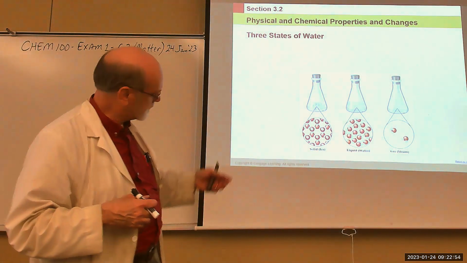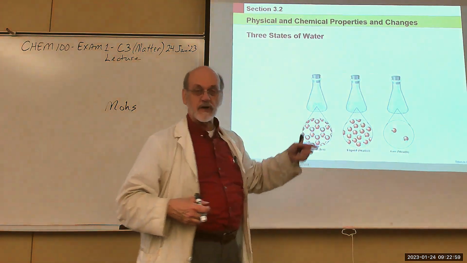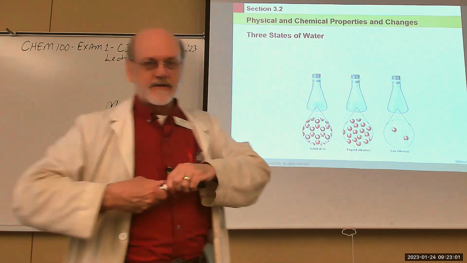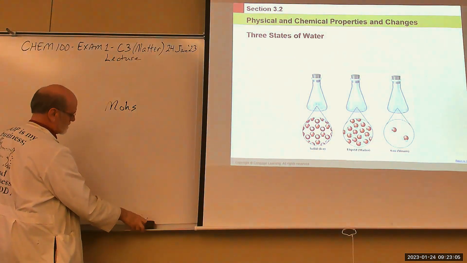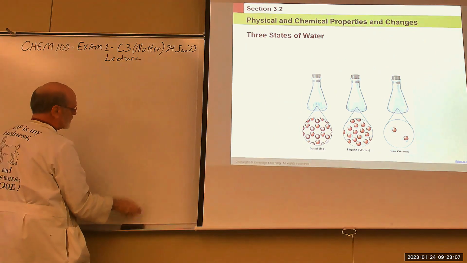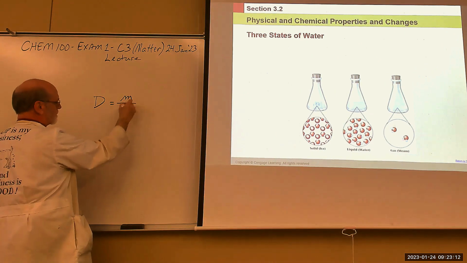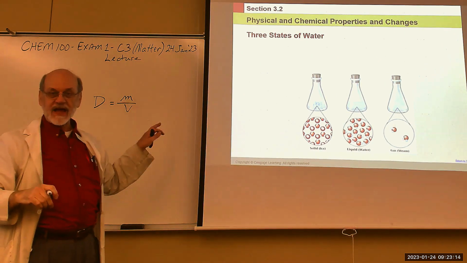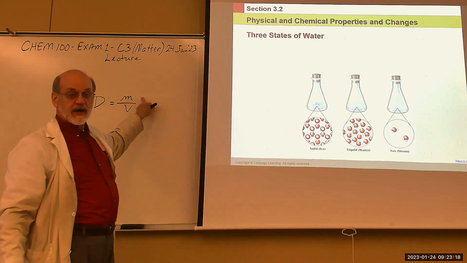But what also happens is you get this extra space built in to the structure. So what happens because of that is the density changes. Density is mass per unit volume. So the mass of the water doesn't change, right?